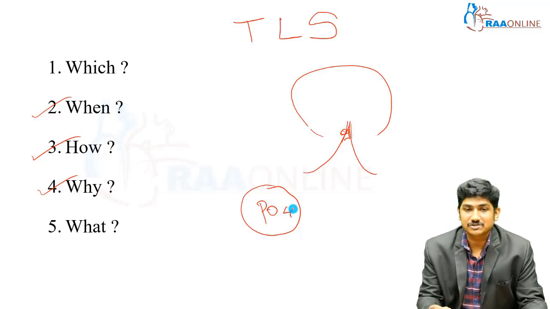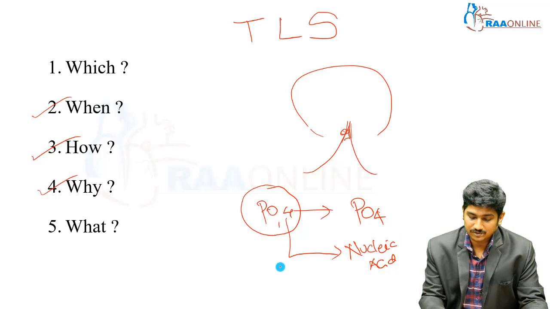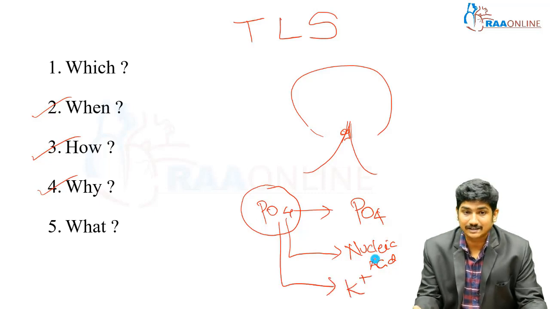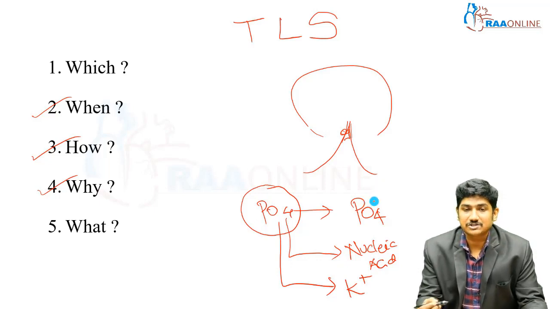So when the cell ruptures, when the cell dies, the phosphate comes out, right? Along with the phosphate, the nucleic acid comes out, and also the intracellular ion, the potassium, comes out, along with other ions also. This phosphate binds with calcium, forming calcium phosphate, so the calcium comes down.